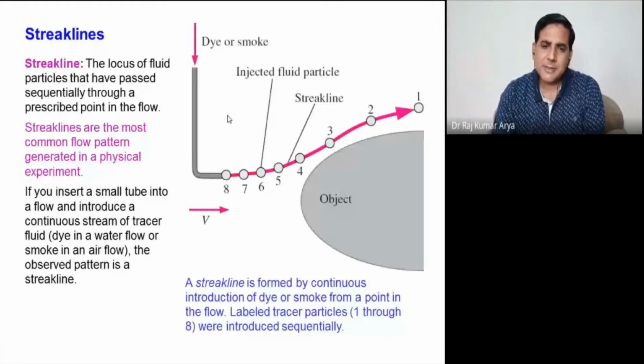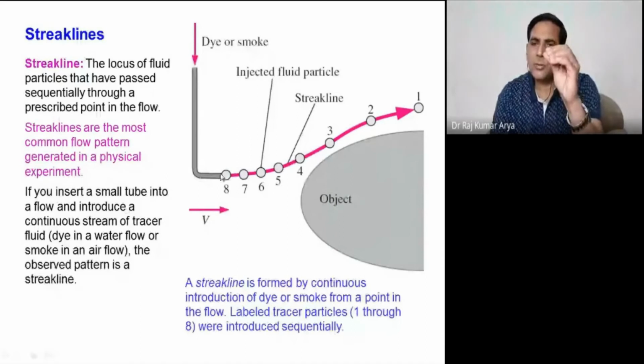Now this is another thing here called streak line. I can give some example of that. Before that, you should know this one. So what you have here is a common entrance point, just like the NIT main gate. Everybody enters from the main gate.